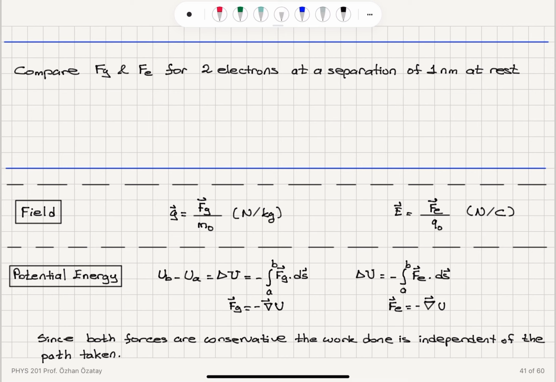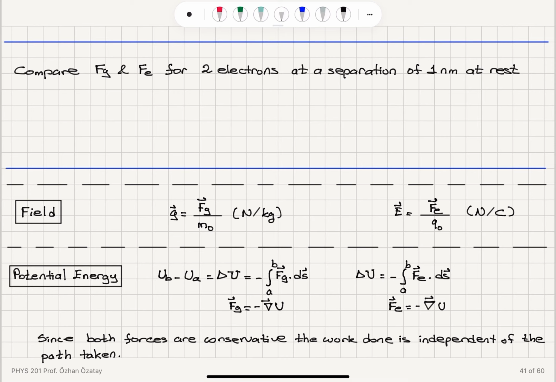The gravitational force between two electrons at rest is the gravitational constant, 6.67 times 10 to the minus 11, times the rest mass of the electron, 9.11 times 10 to the minus 31 kilograms, squared, divided by the distance between the two electrons, 1 times 10 to the minus 9 meters, squared.